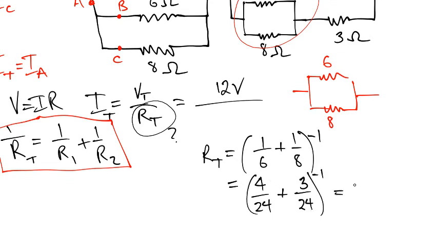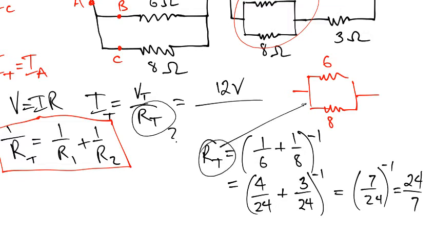Now if I add those up, I'm going to get 7 over 24, and therefore my answer is 24 over 7. Now I know what RT is. Now that's not the total RT. This RT doesn't refer to this RT. Okay, I should have picked perhaps a different one. This one is referring to this.